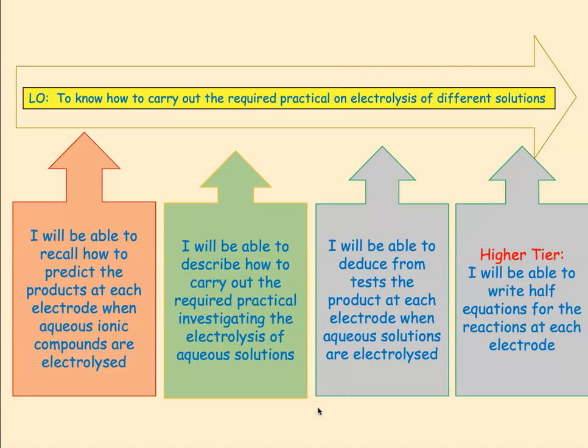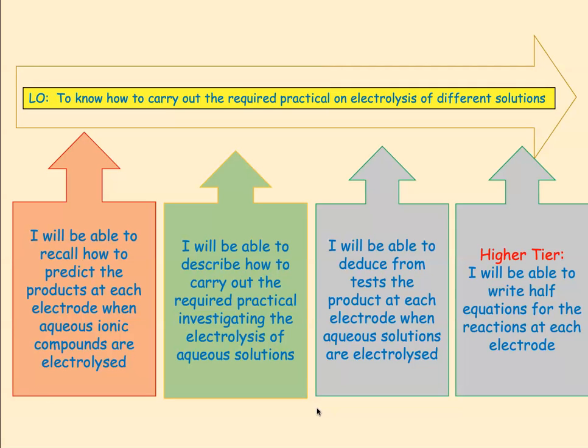Okay, so let's look at our success criteria for the lesson. We want to be able to recall what we've done in a previous screencast and predict the products at each electrode when aqueous ionic compounds are electrolyzed. So we're going to go over that.